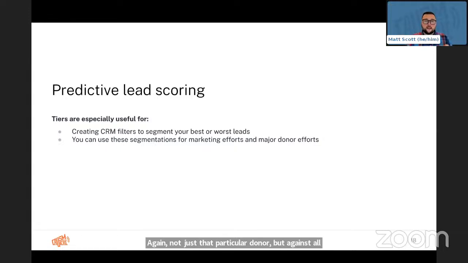So you can then use filters to segment your best or worst leads. And you can do this to effectively channel your marketing efforts and your major donor outreach efforts on those donors who are most active, most interested, and have the highest capacity to give.